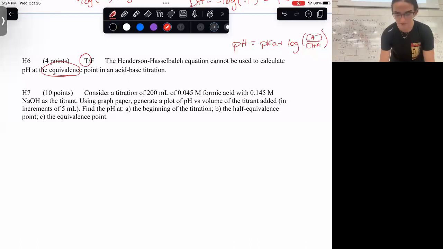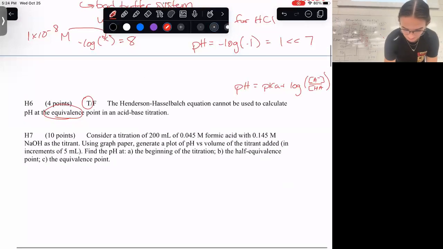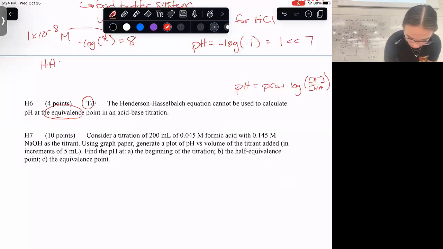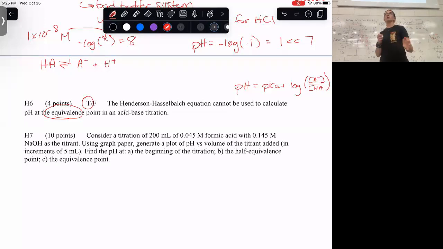Yep. So if we were to look at this, your moles are equal to each other. Right, so you have equal numbers of moles of acid and base.